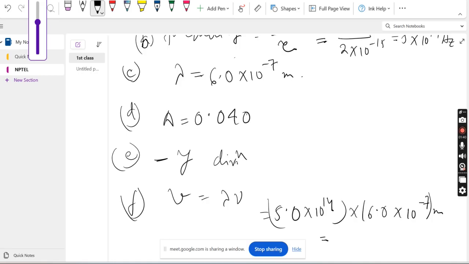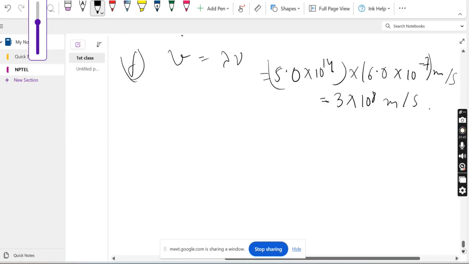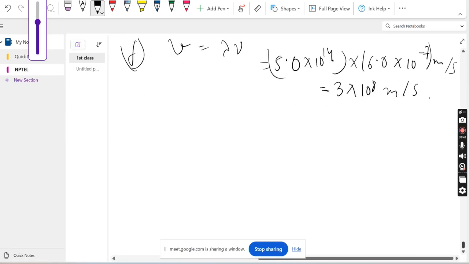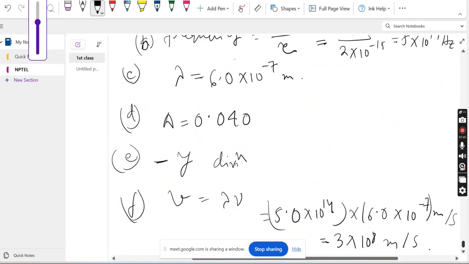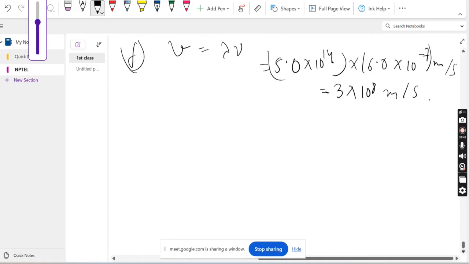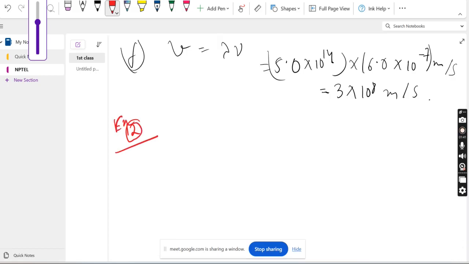So it is these three, 1 into the power, meter per second. So this is the solution of all the parameters they have asked. Now, move on to example 12.